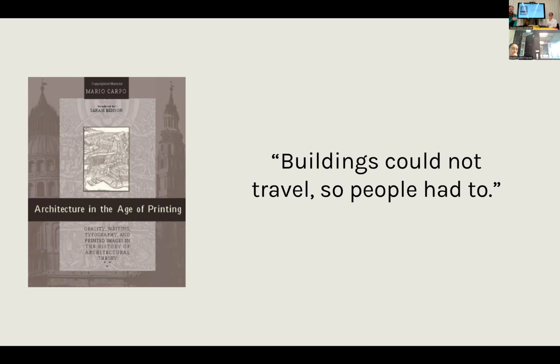And of course, he also speaks very clearly about this notion that buildings could not travel, so in order to experience buildings, if you were an architect, if you were working with buildings somehow, you had to bring your body and your senses to that building to experience it in any way, shape, or form. Or someone could tell you an elaborate story if you were lucky.